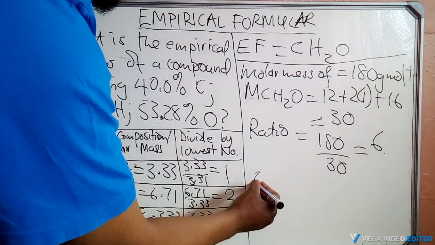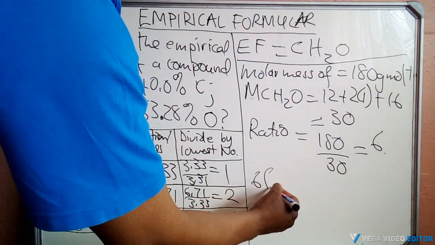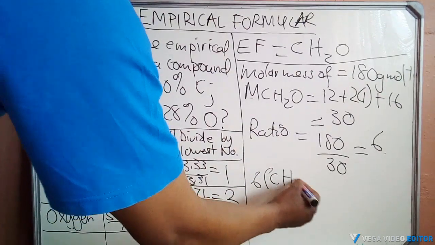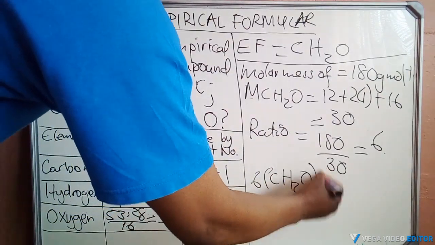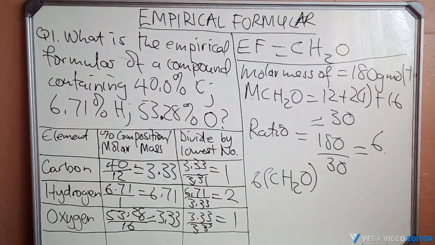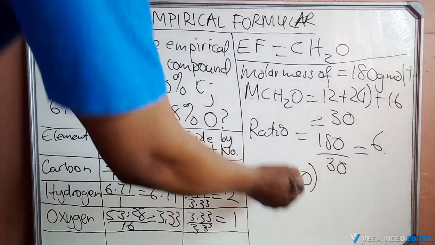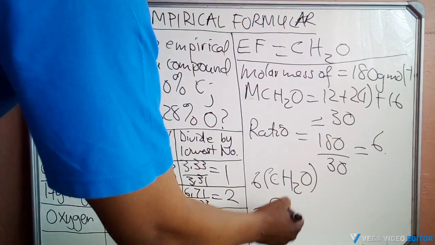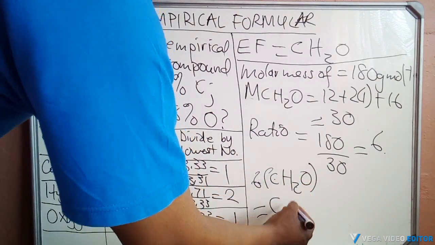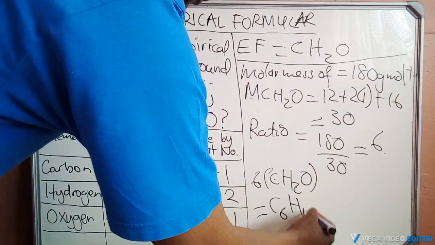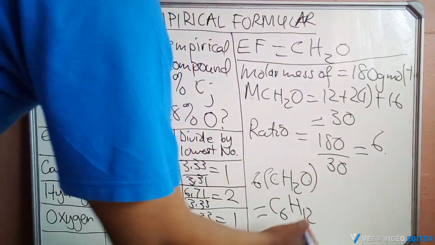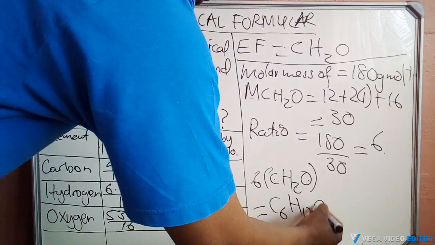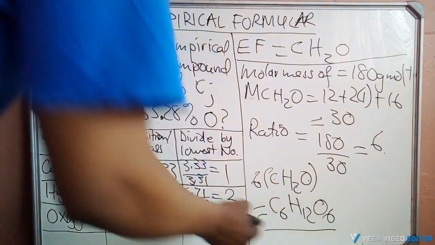So we're going to take 6 times CH2O. Once you've done that, we can clearly see that we've got 6 carbons there. 6 times 2, we've got 12 hydrogens. 6 times oxygen, we've got 6 oxygens.